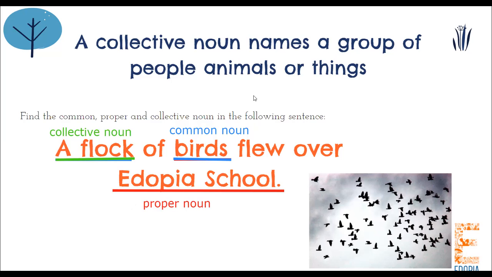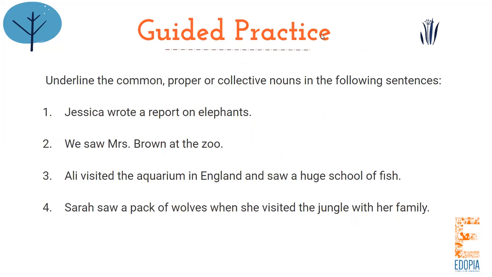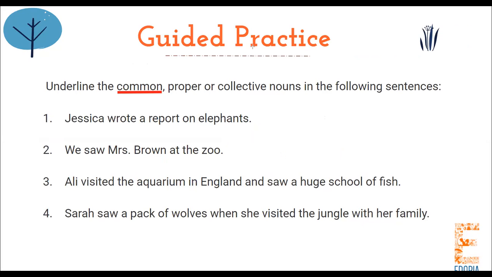Okay, so let's move on. In the following sentences, take a minute and try to identify the common nouns, proper nouns, and collective nouns. So what you can do is pause the video and take a second. Underline all the common nouns with a red color, or maybe you can write them down on a piece of paper.